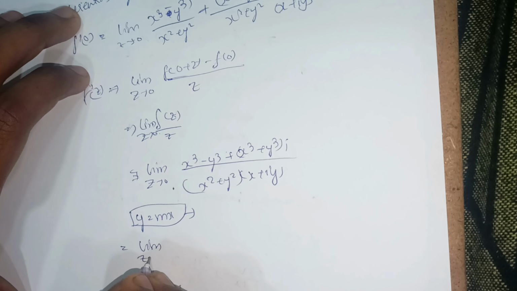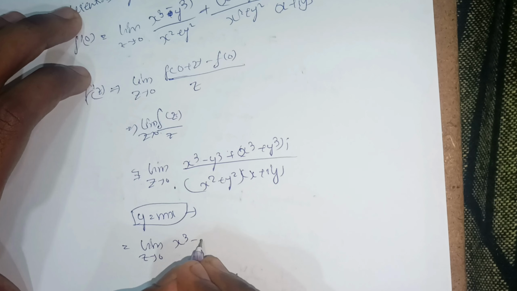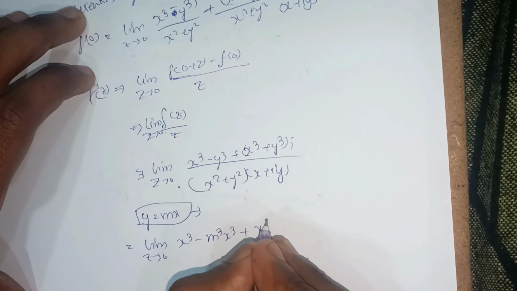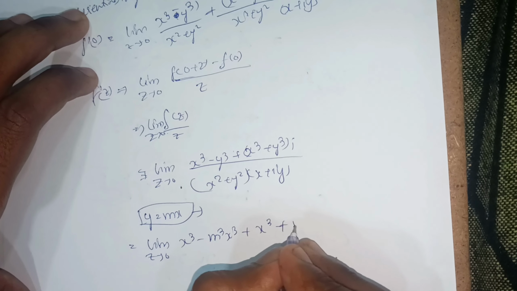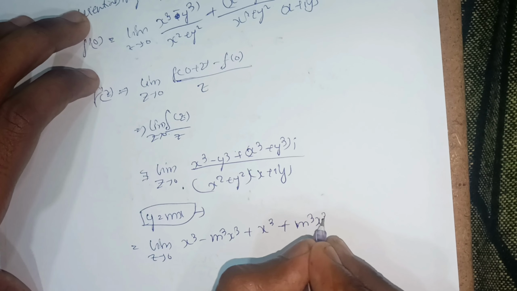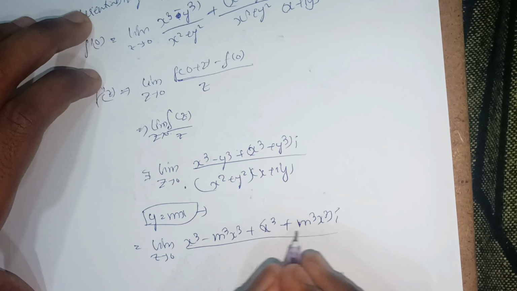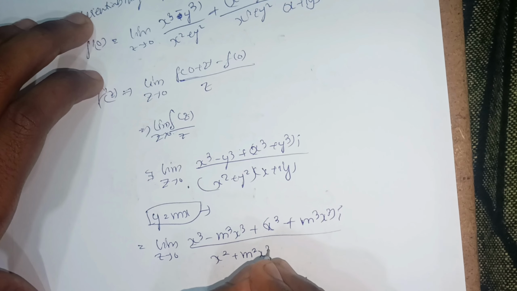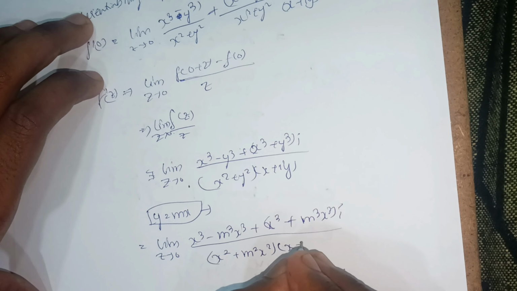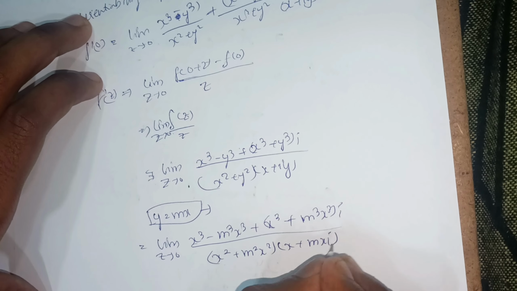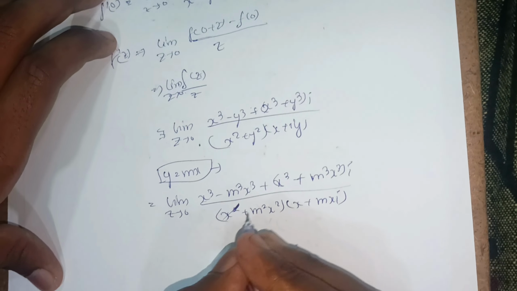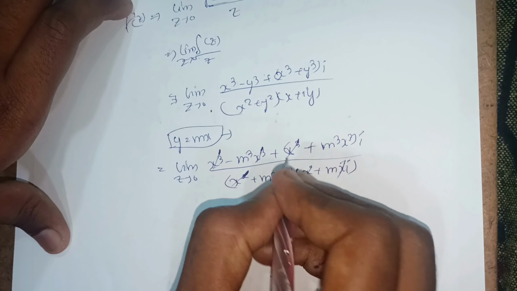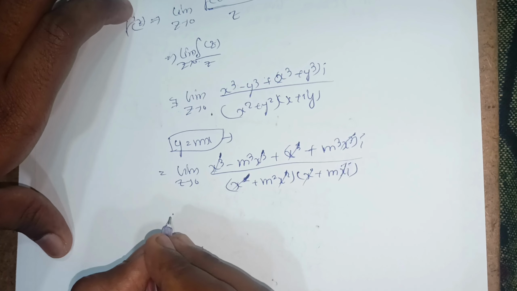Limit z tends to 0, (x³ − m³x³ + i(x³ + m³x³))/(x²(1 + m²)(x + imx)). Here these terms will cancel out.